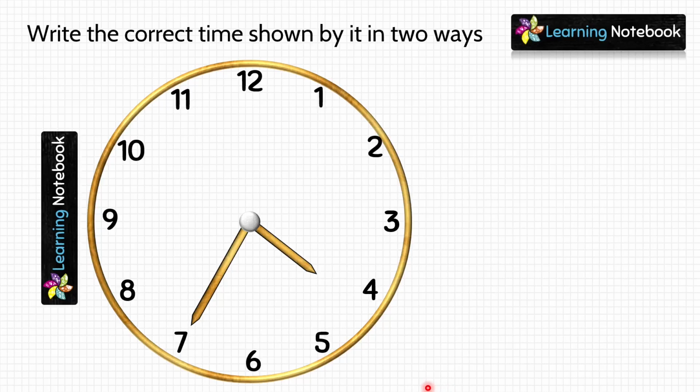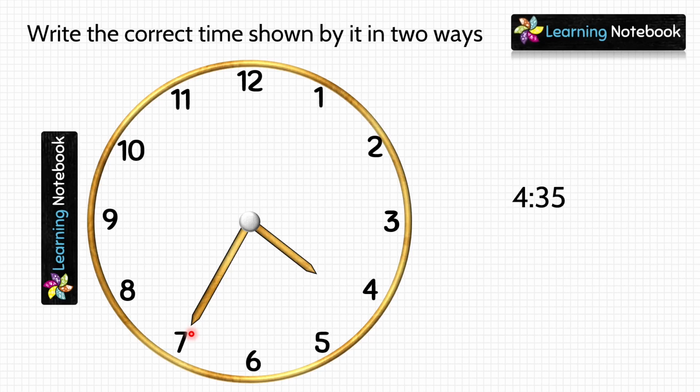Now take a look at this clock in the next question. Here our hour hand is in between 4 and 5. So hour is 4 and the minute hand is on 7, which means 35 minutes have passed.